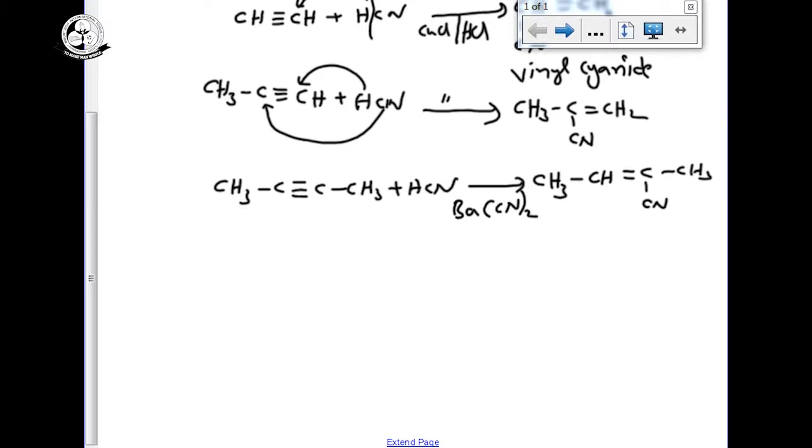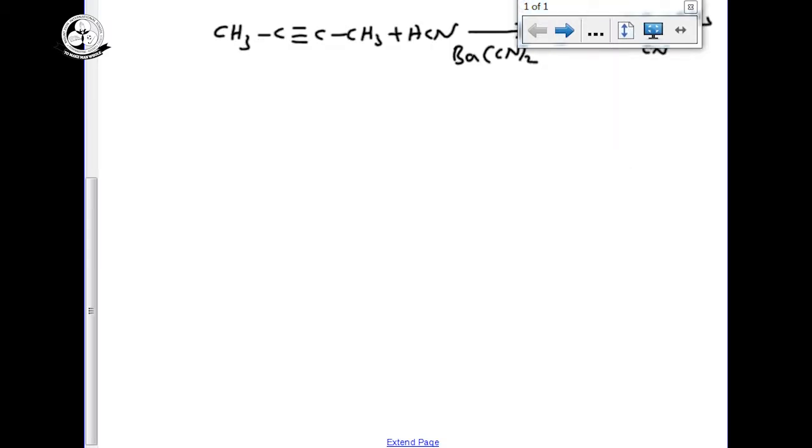Next one is addition of acetic acid. Sixth one, addition of acetic acid. In this addition of acetic acid, acetylene, alkyne, we can combine with acetic acid.